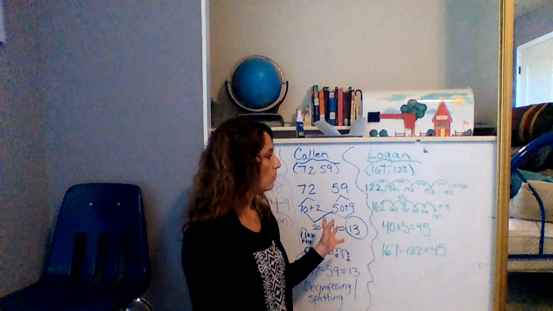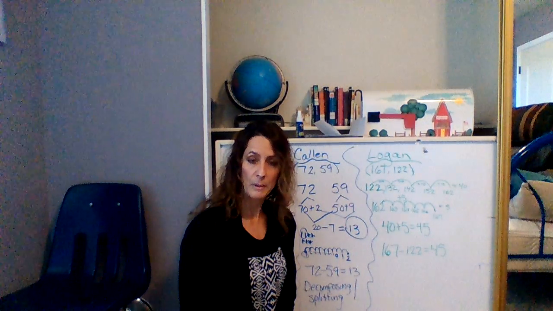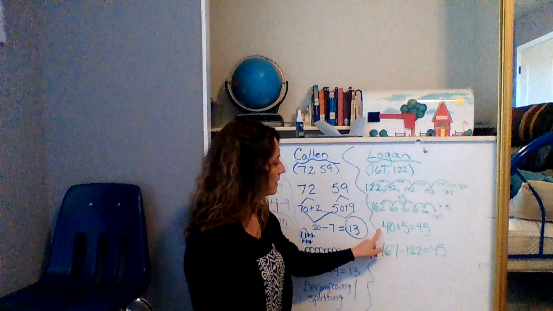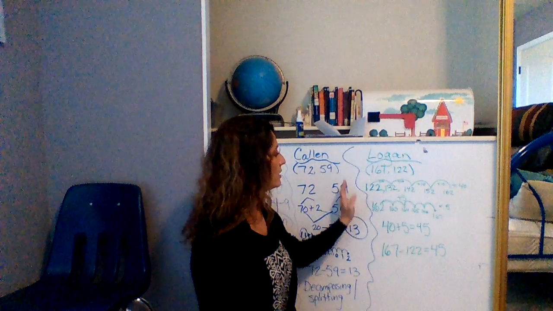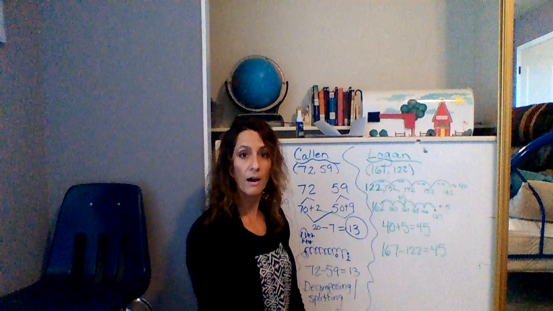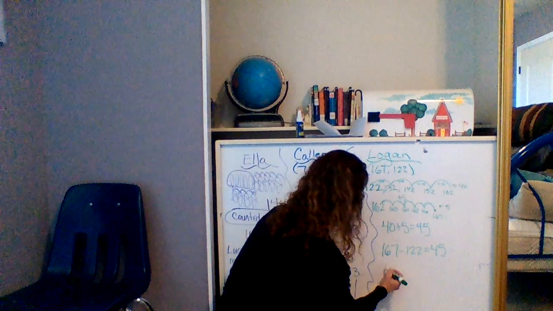So what kind of strategy is Logan using here? Do you guys remember? Yeah, he was doing what kind of jumps? Do you remember that strategy? Jumps on the number line. That's what he was doing. Jumps on the number line.